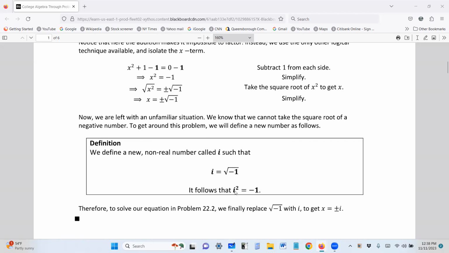Or more importantly for us, i squared is going to be minus 1. So anytime we see a minus 1 inside of the radical, we will have to make the substitution in order for the problem to be solvable in mathematical terms, okay? So this quantity, i squared equals negative 1, is what makes complex numbers possible.